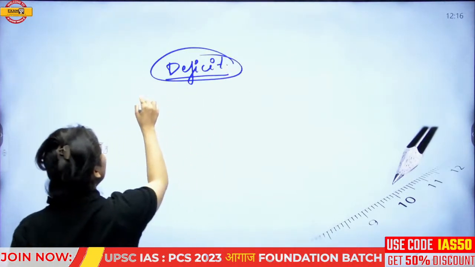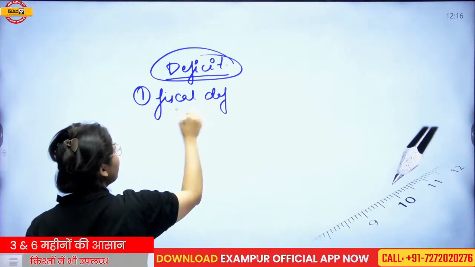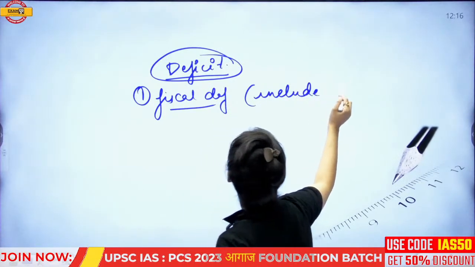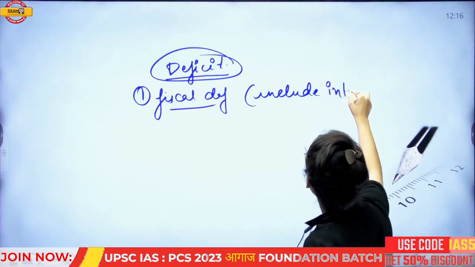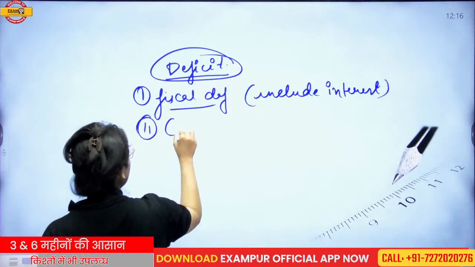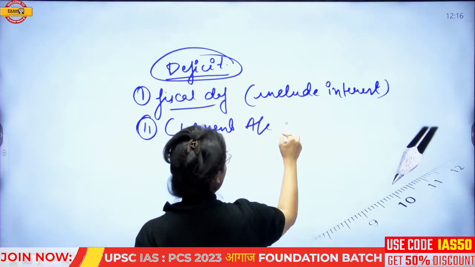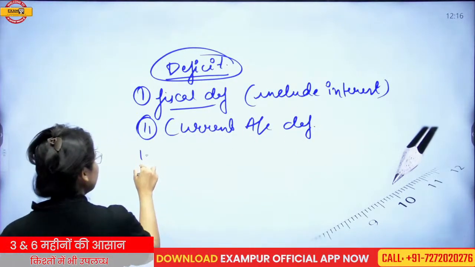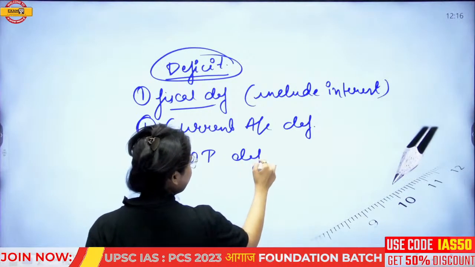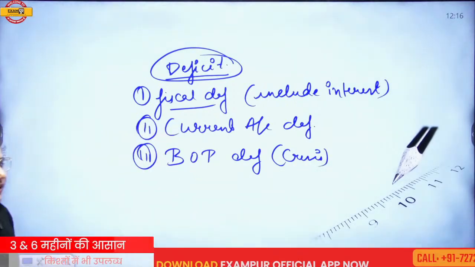First is the fiscal deficit, which includes the interest we are liable to pay on growth. Second, current account deficit. Third is the BOP deficit. You can take it as the crisis problem which we are facing right now.